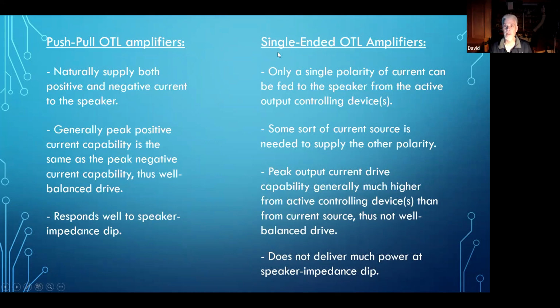Okay, so the single-ended OTL amplifier. Only a single polarity of current can be fed to the speaker from the active output controlling device or devices if there are a bunch of them in parallel. Some sort of current source is needed to supply the other polarity.